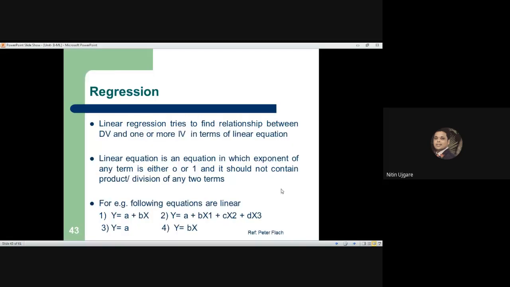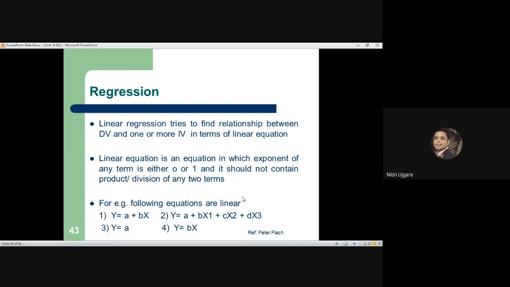So what does linear regression do? So far we have seen that linear regression tries to find out the relationship between the dependent variable and one or more independent variables in terms of a linear equation. So what is a linear equation?